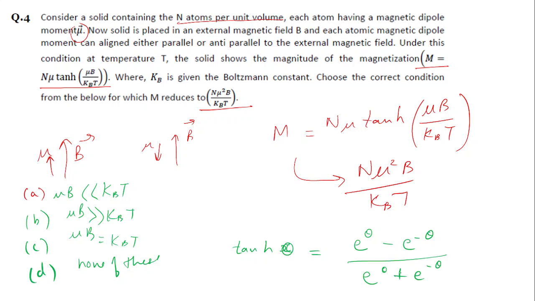It's a minus sign in the numerator and a plus sign in the denominator. This is the tanh function.